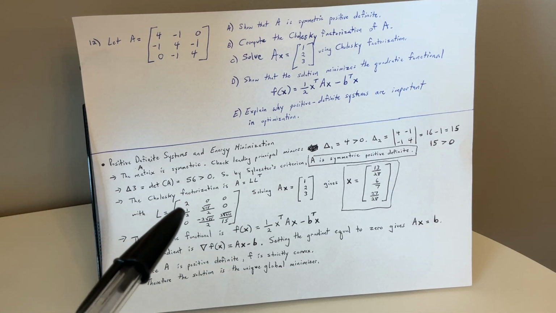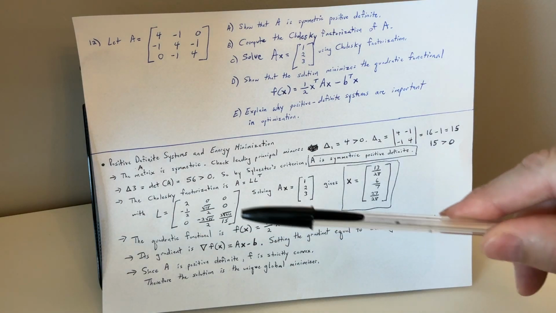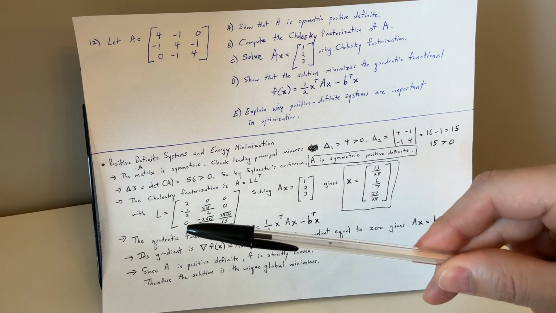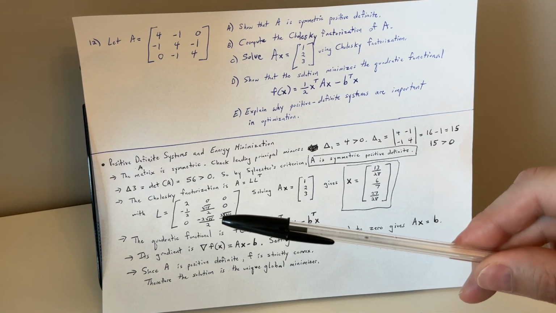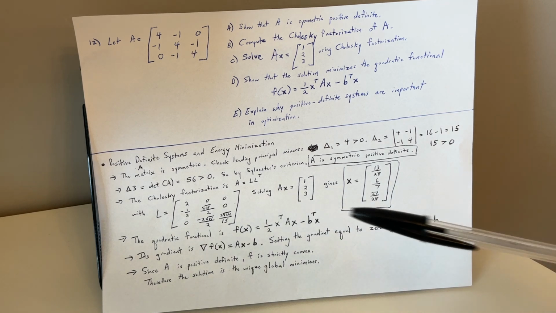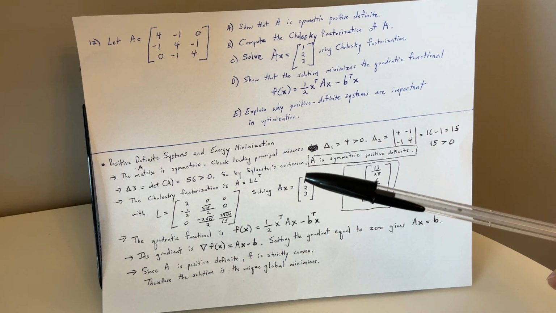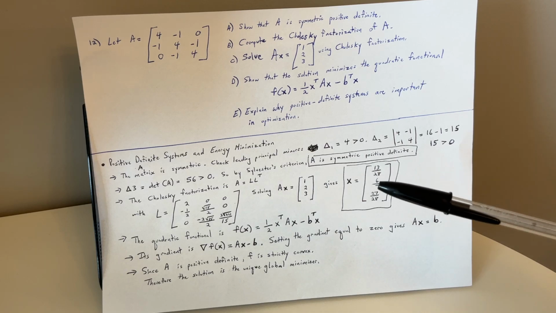For this matrix: 2, 0, 0 first row; negative 1/2, square root of 15 over 2, 0 second row; third row 0, negative 2 square root of 15 over 2, and then 2 square root of 210 over 15. Sorry about that. Solving Ax equals b gives x equals column 13 over 28, 6 over 7, 27 over 28.